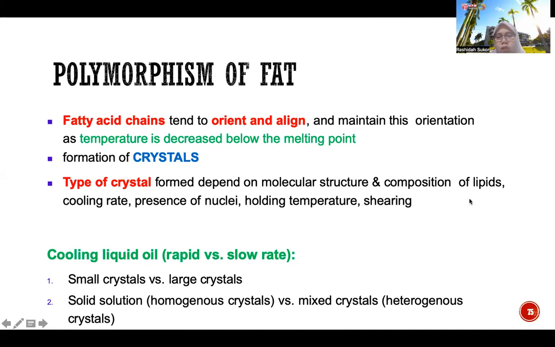When we look at the composition of lipid, it means what type of fatty acid the lipid has. Earlier we talked about SN1, 2, 3, right? So you can have a mixture of fatty acid in that lipid that gives you the composition of that particular lipid. Cooling rate, as mentioned, the temperature is decreased. So cooling rate means how fast or how slow the cooling is, for example from high temperature to low temperature.